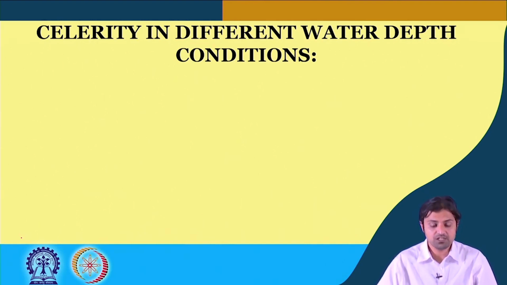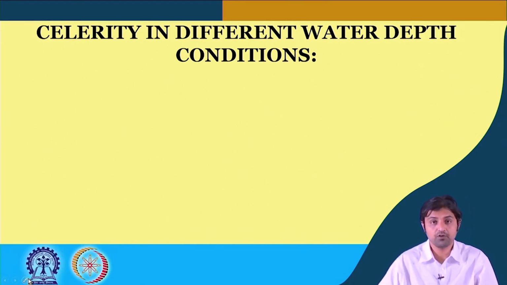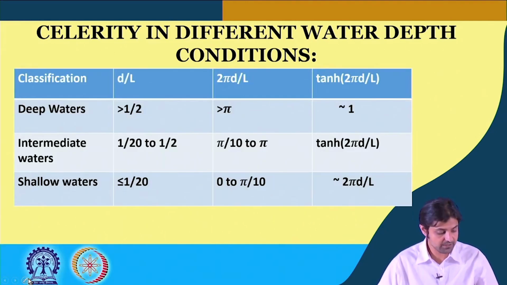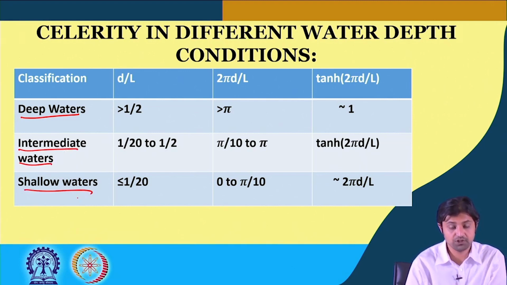Now, whatever results we have obtained, we are going to apply in certain situations such as different water depths. All right. So, this is a table, but first, without going into too much detail, I would like to say there are deep waters, intermediate waters, and shallow waters.